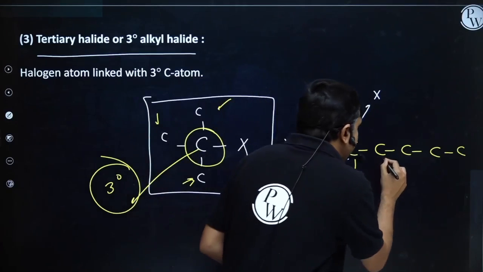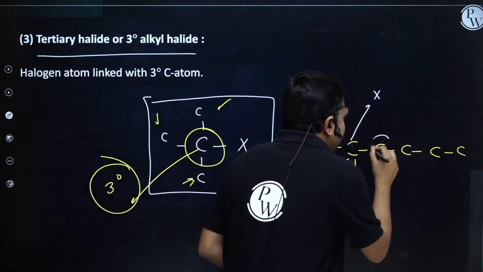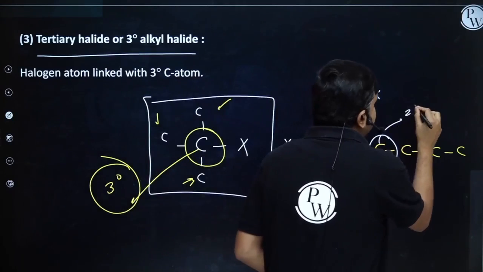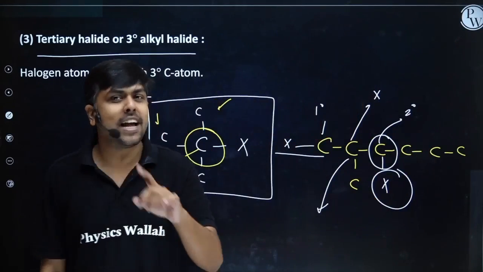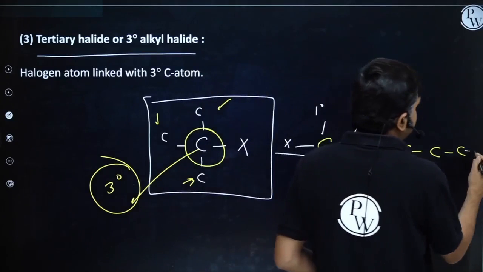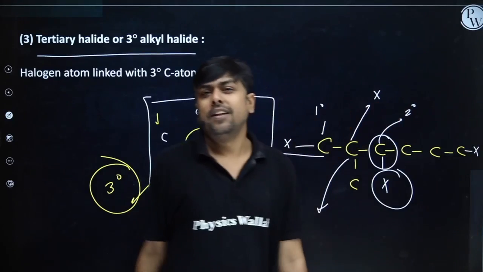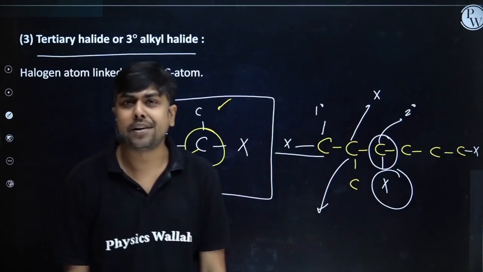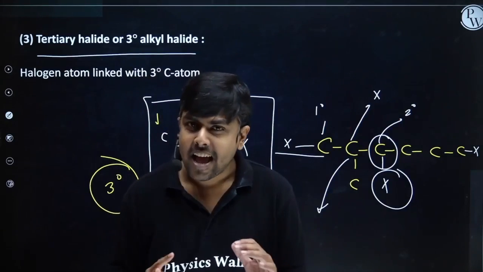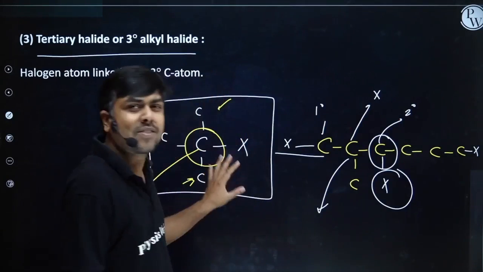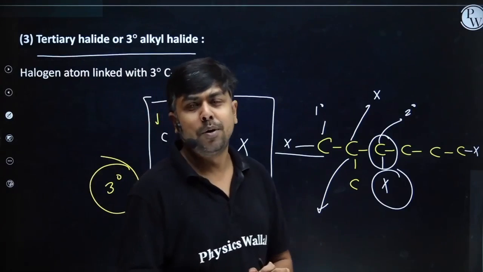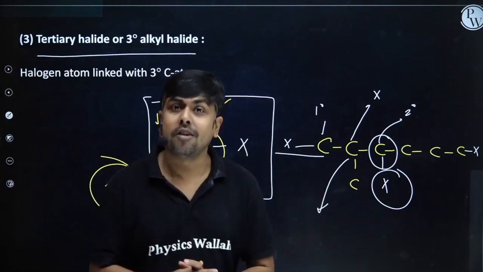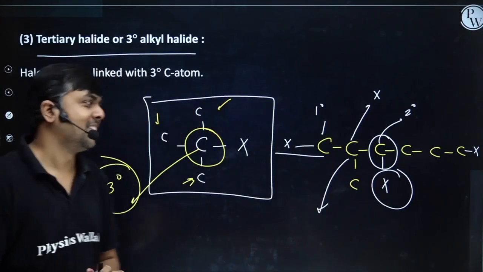If halogen is connected to this carbon, this carbon is a 2 degree carbon. So the alkyl halide obtained will be referred to as secondary alkyl halide. If halogen is directly connected to this carbon, the alkyl halide will be referred to as primary alkyl halide. Am I clear? Because these things are really important, and these things are the basics of this particular chapter, the fundamental things of this particular chapter.